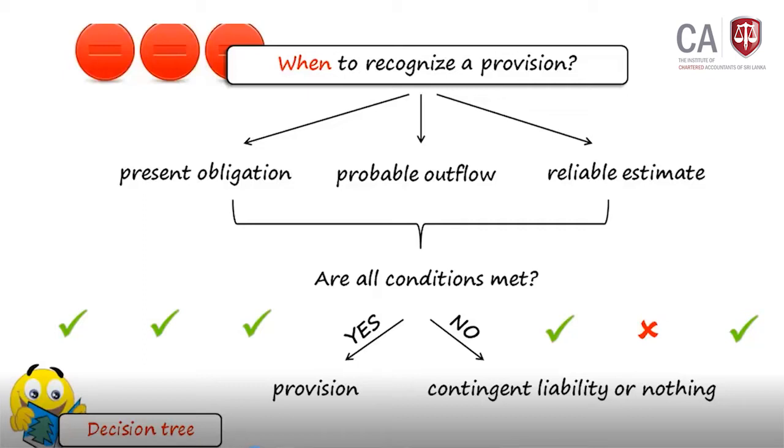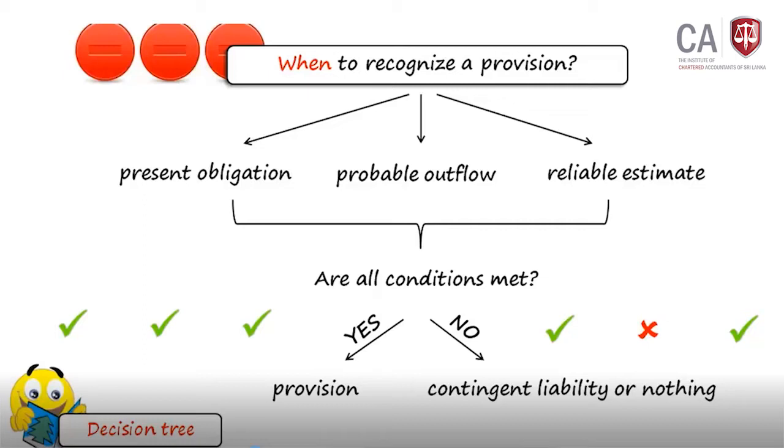And when you settle that obligation, the outflow of economic benefit should be what? Probable. The important word is what? Probable. The examiner can use the word possible to mislead you.